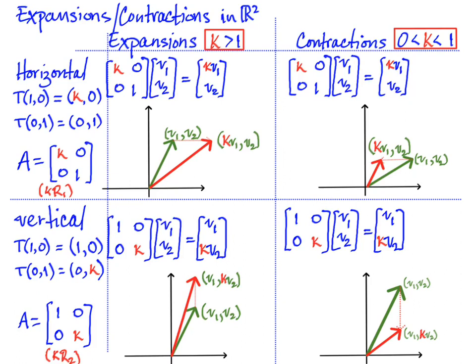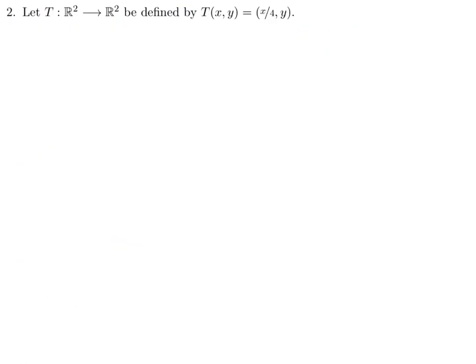All right, let's do another example. Example 2 on your worksheet says that T is the linear transformation in R2 defined by T of the vector x, y is the vector x over 4, y. So this looks like what? A horizontal contraction, because k is 1/4.